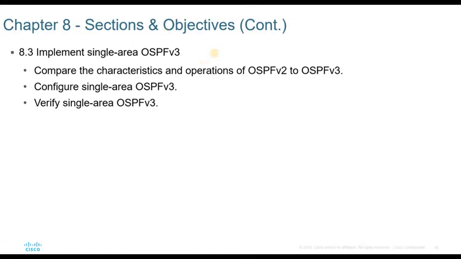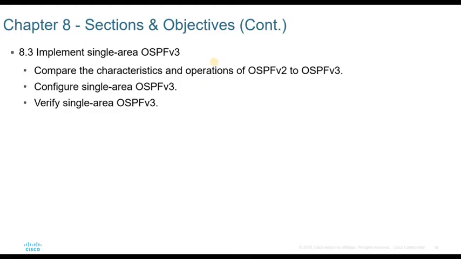With this module's discussions, you can learn how to compare the characteristics and operations of OSPF version 2 from OSPF version 3. We're just going to see the difference in terms of the implementation, the operation, and the configuration proper. But overall, it's still the same protocol, it's still OSPF.